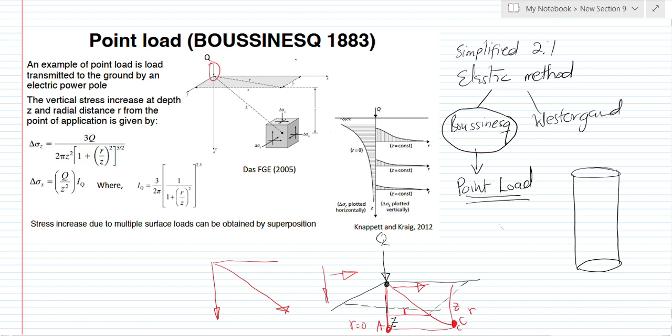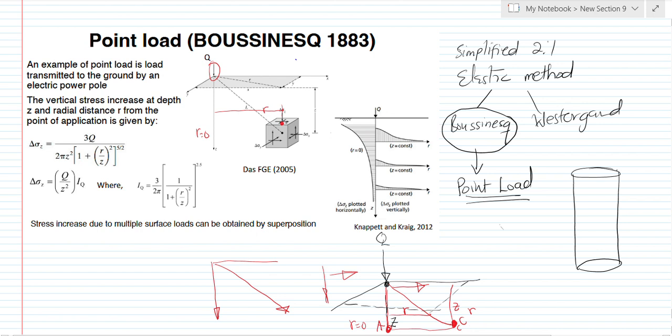Now directly beneath it, the radial distance is 0. Are you okay? Now we want the stress increase at this point, that is at a radial distance of R from where the stress was applied. So the radial distance from here to here. Do you get it? Are you okay?